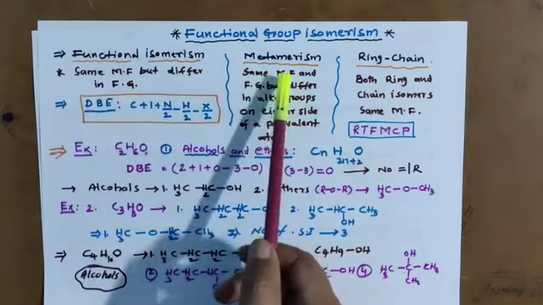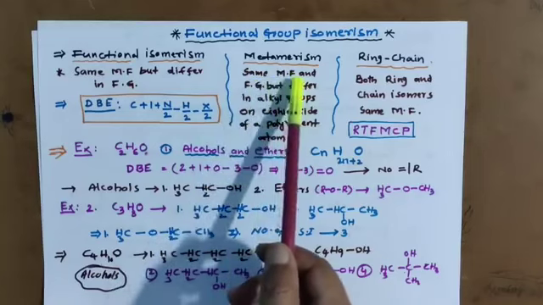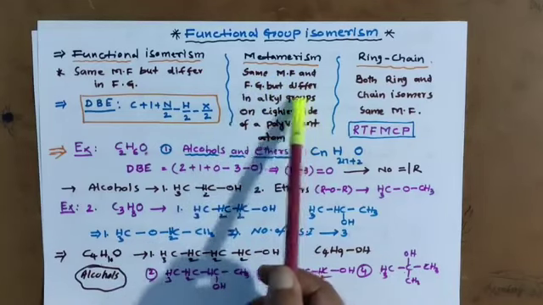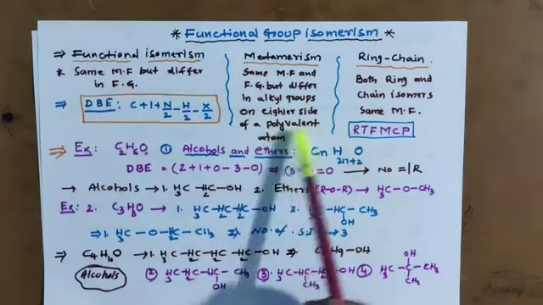In this we can discuss metamerism also. In metamerism, same molecular formula, same functional group, but differ in alkyl groups on either side of the polyvalent atom.